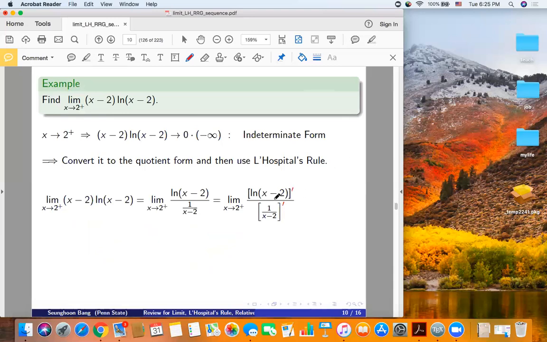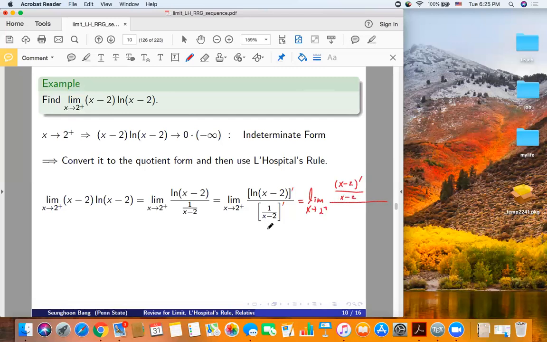So what's that? Here, this is a limit as the x value approaches 2 from the right. ln of (x minus 2)' is (x minus 2)' over (x minus 2).